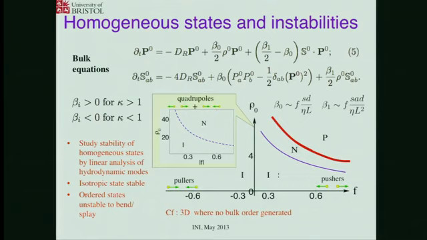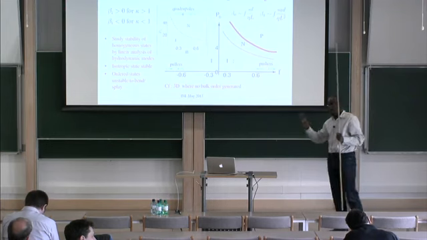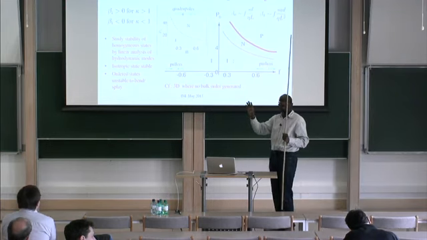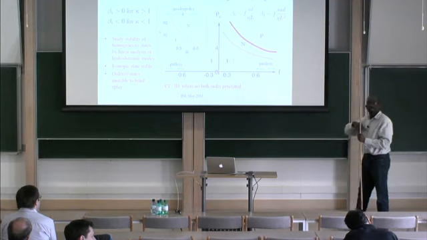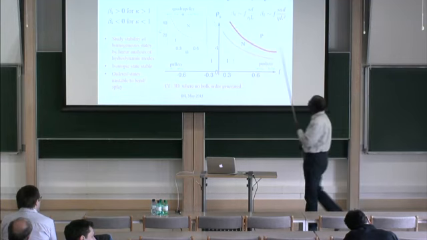When the beta nots are 0, my only solution is P is 0 and S is 0. This corresponds to an isotropic state: there's some uniform density, and the amount of polar order P is 0 and the nematic order is 0.